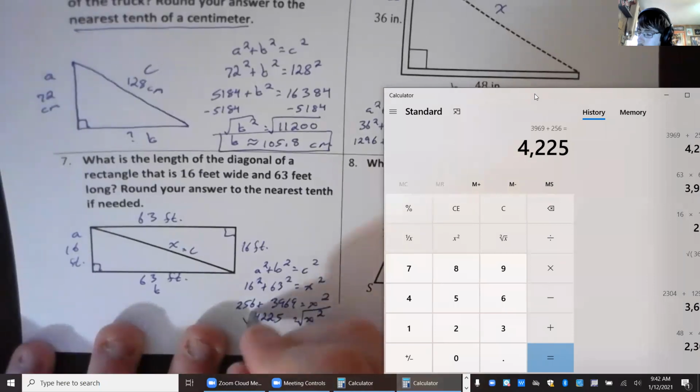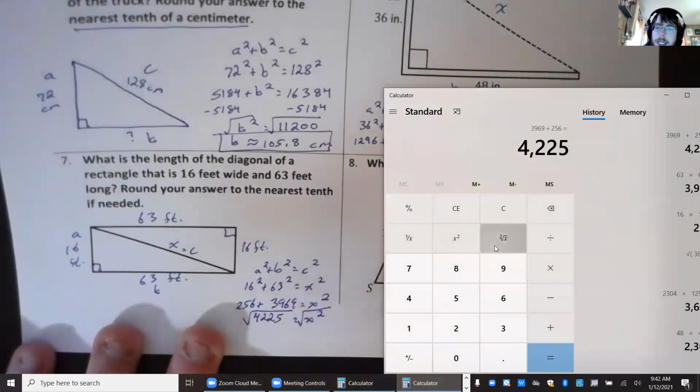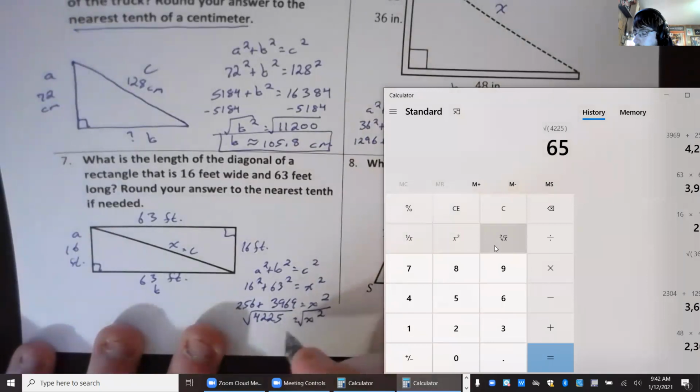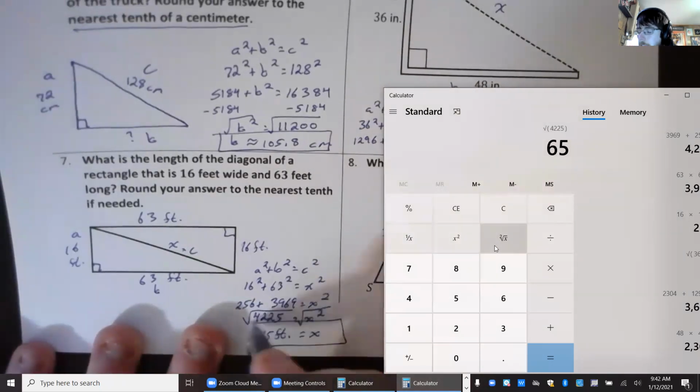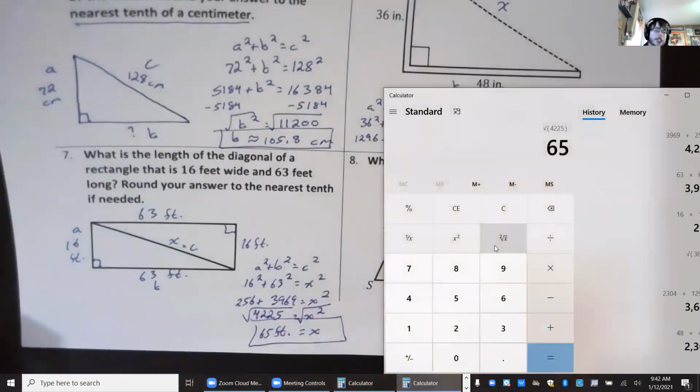Square root both sides, and you get that X is equal to 65. So 65 feet is what X would be. So the length of that diagonal would be 65 feet.